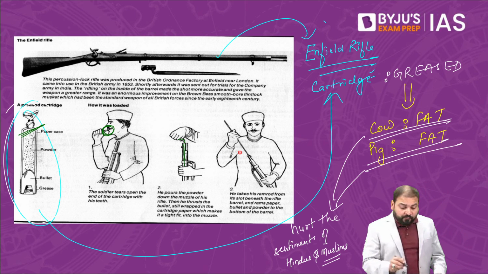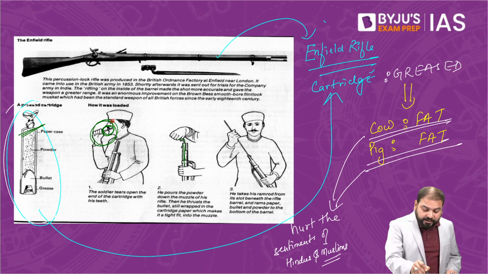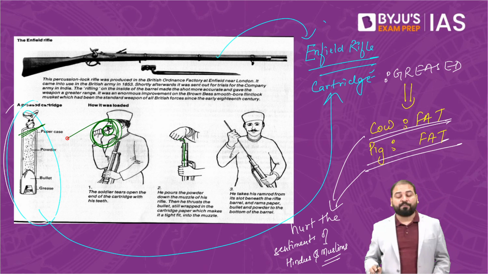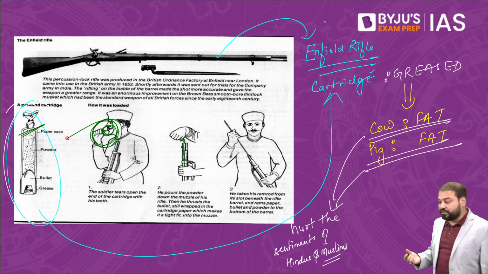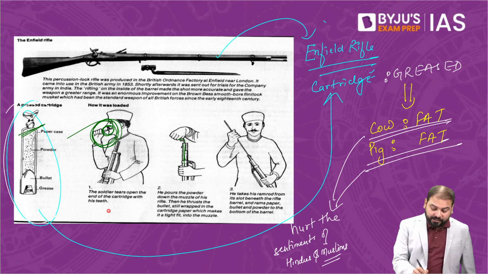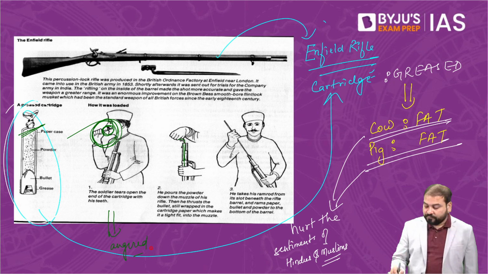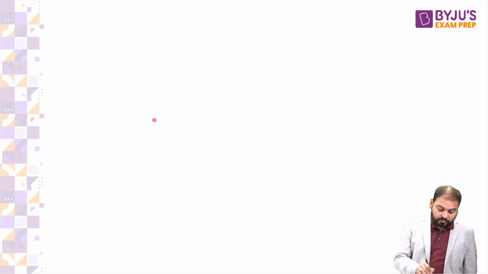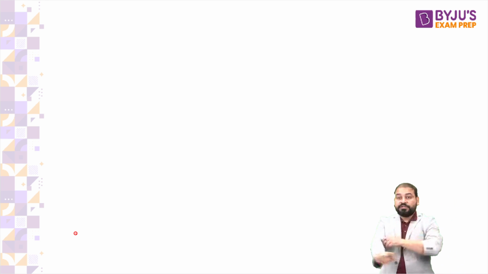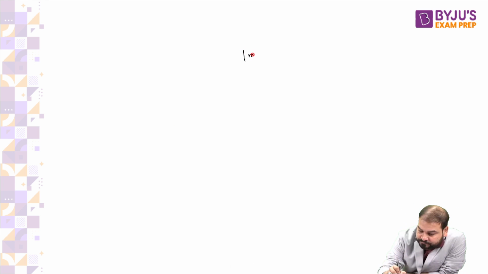The problem was that you have to bite it with your mouth, tear it open with your teeth, and invariably this had angered the Indians. So basically, the immediate causes were three.